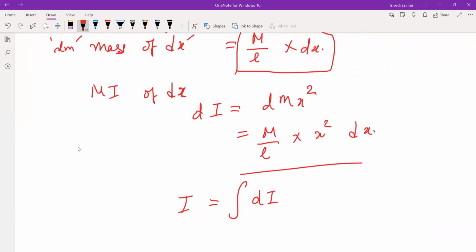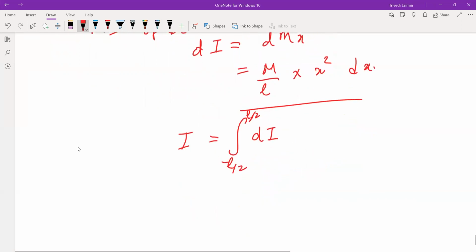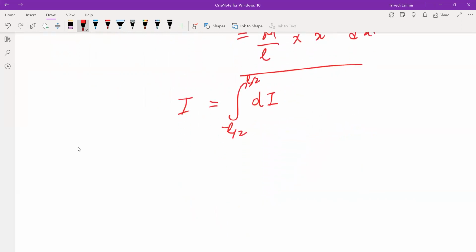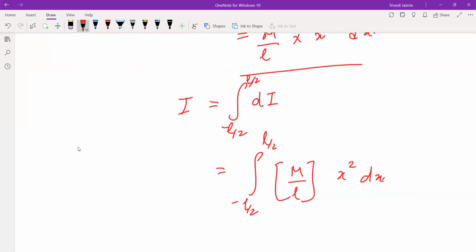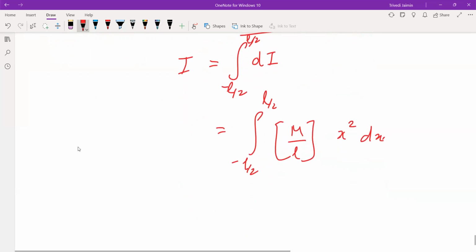You know integration? Very good, then start doing it. Don't wait for me, do it and tell me. M by L will be constant as usual, so we will integrate x square dx.